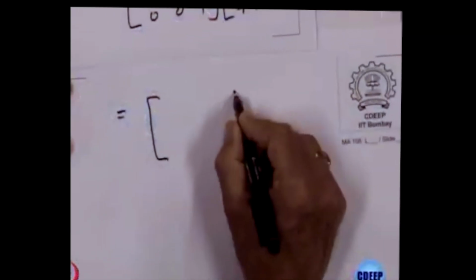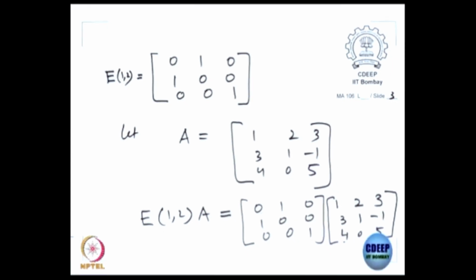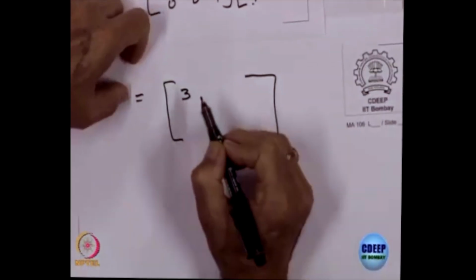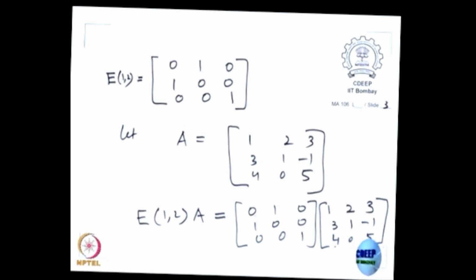What do we get? What will be the first entry? This row multiplied by this column, added up. 0 into 1 is 0, plus 1 into 3 is 3, plus 0 into 4. So, it is 3. What is the next one? 0 multiplied by 2 is 0, 1 multiplied by 1 is 1, plus 0 multiplied by 0.